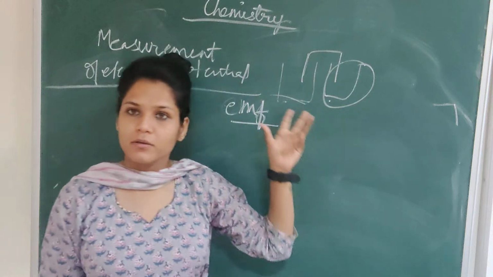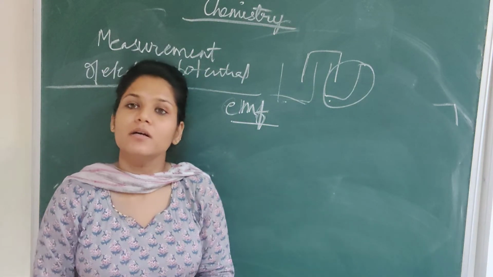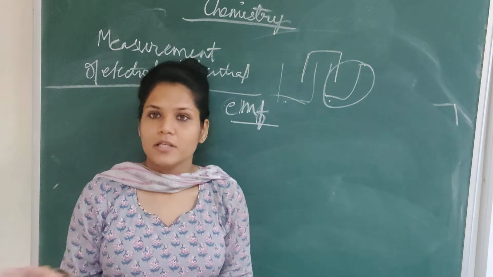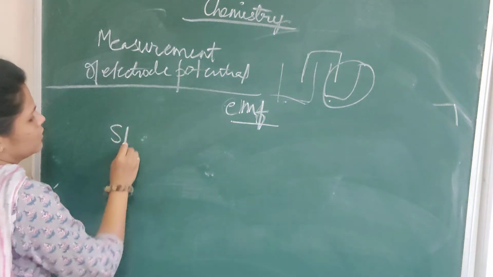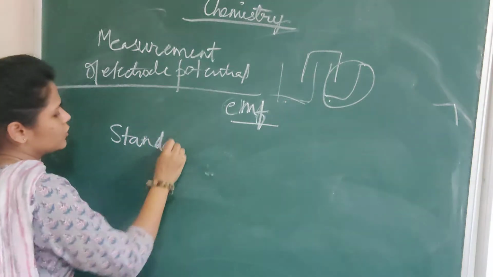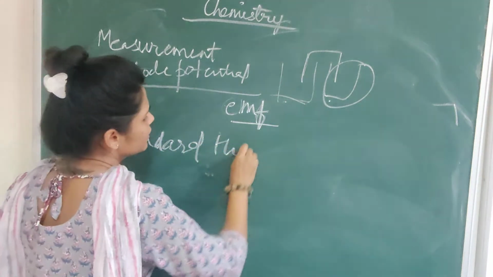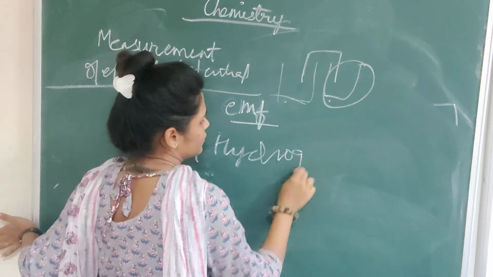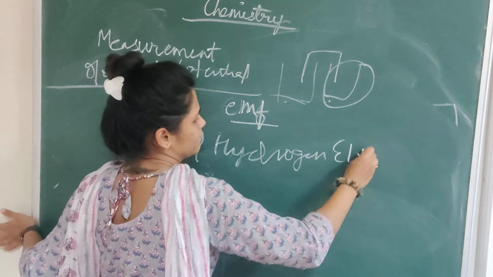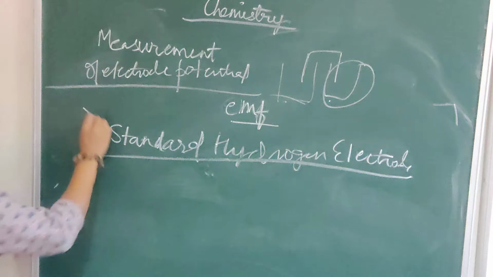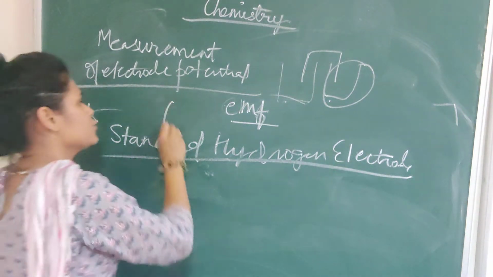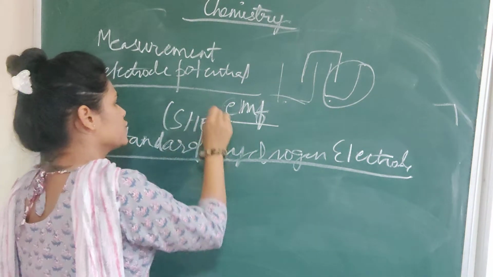We will be having both the half cells. Now we can find the EMF of the cell and various other information. So let us see, the name of the electrode that we will be using is standard hydrogen electrode, which will be shortly known as SHE.